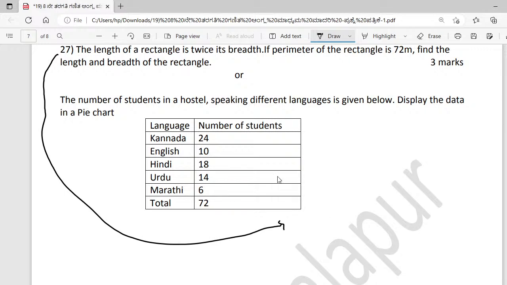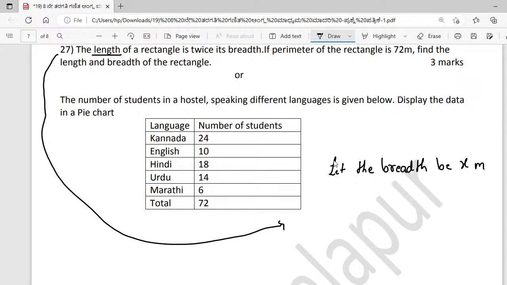As you can see in the question, they have been comparing the length with the breadth, but they have not mentioned anything about the breadth. So we shall consider, let the breadth be x meter.